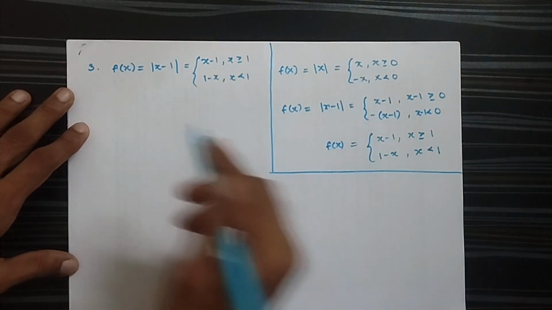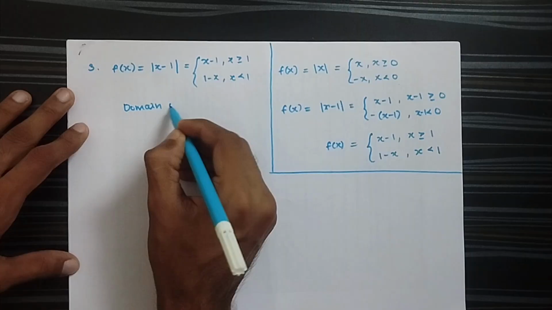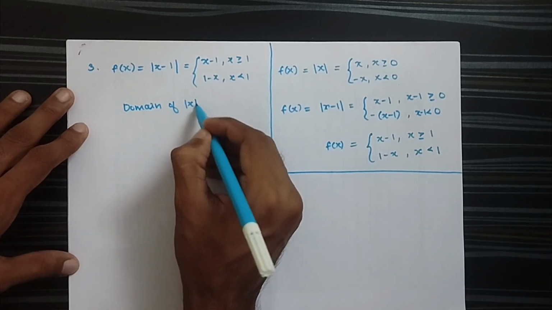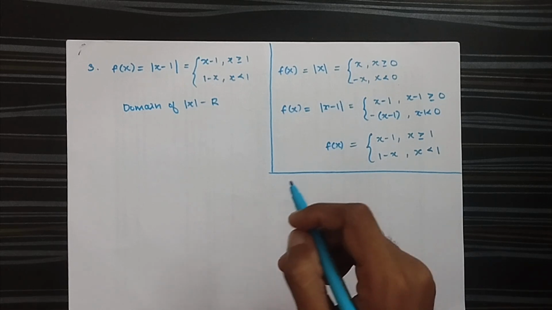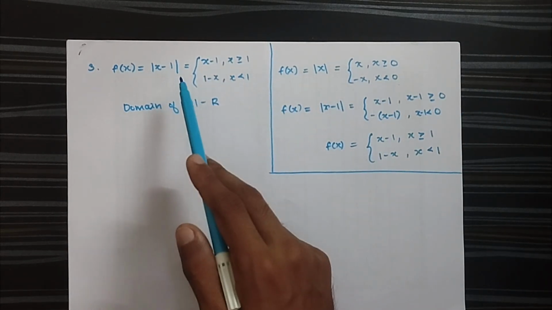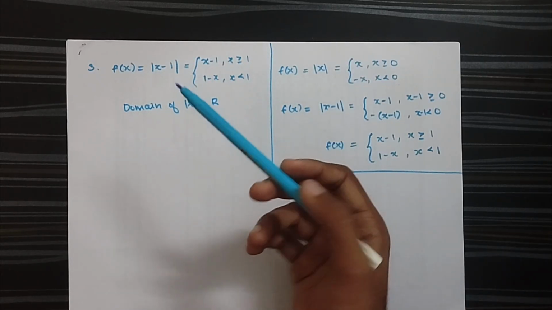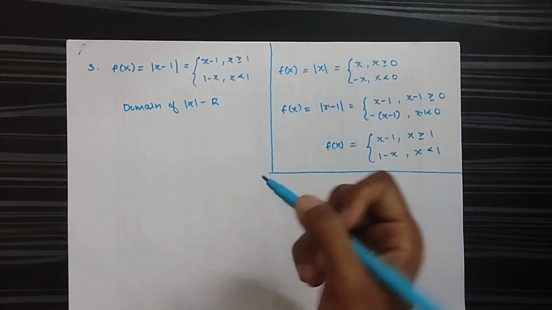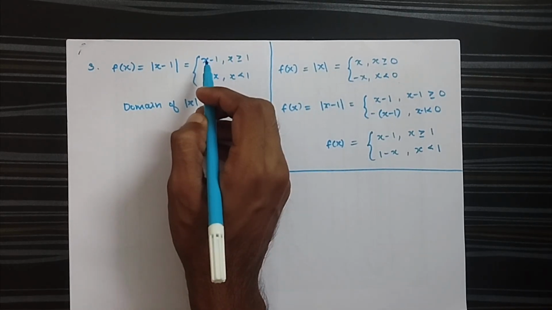We know the domain of a mod function is R. The standard mod function domain is R. In every modulus function which is not in a denominator, we can give the domain as R, because even if we give any value to x, we'll get an output.